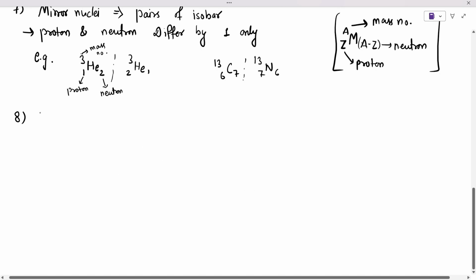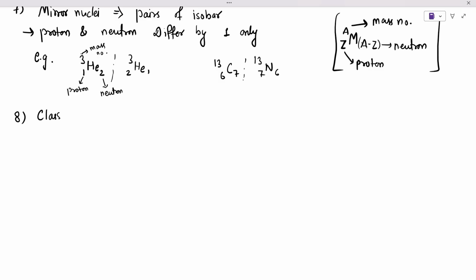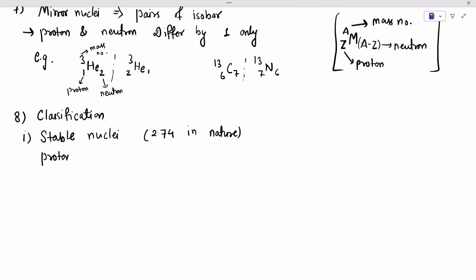Next, we will discuss the classification of different types of nuclei. First one is stable nuclei. In nature we have 274 stable nuclei. In the case of stable nuclei, protons and neutrons remain the same, meaning unchanged.